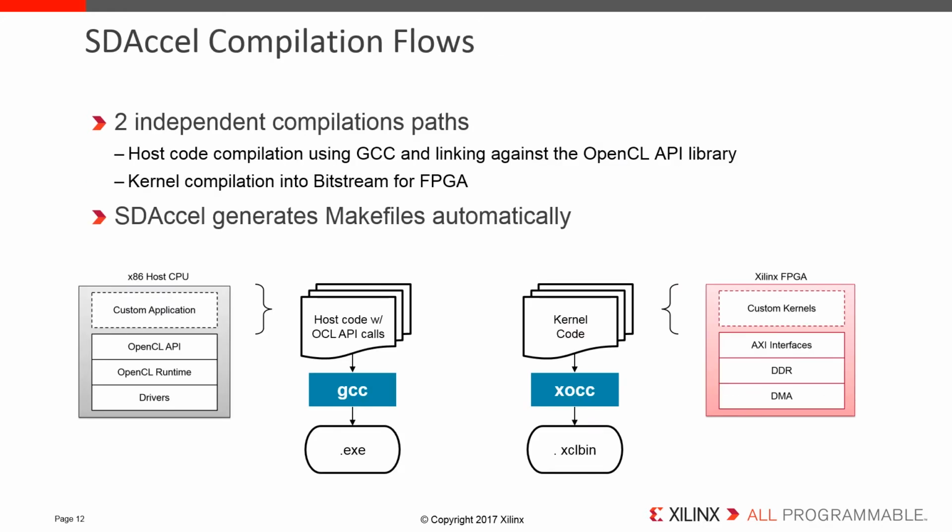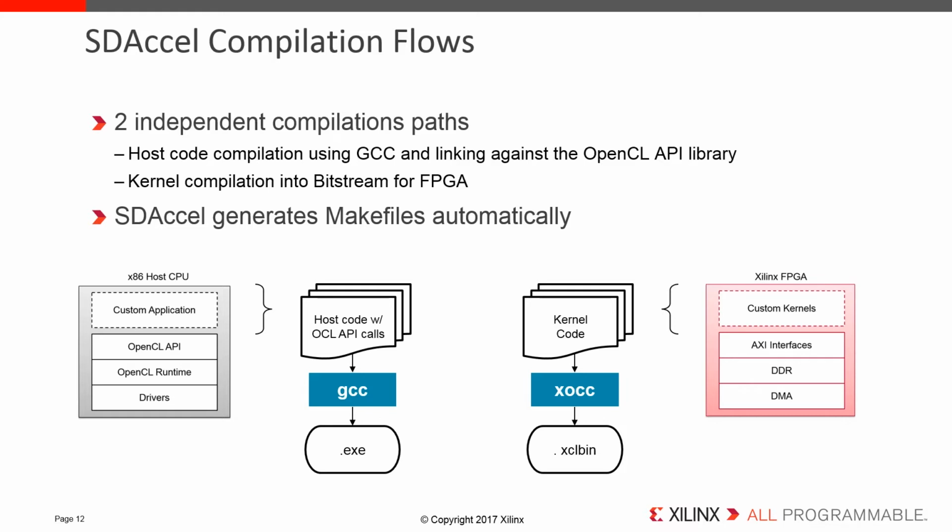As noted earlier, in the OpenCL execution model, there are two independent execution paths. The host code and the kernel code execute on different devices. There are also two associated compilation paths, one for the host code compilation into a host code executable performed using GCC or G++ and linking against an OpenCL API library, and another path for the kernel compilation into a bitstream to program the FPGA.